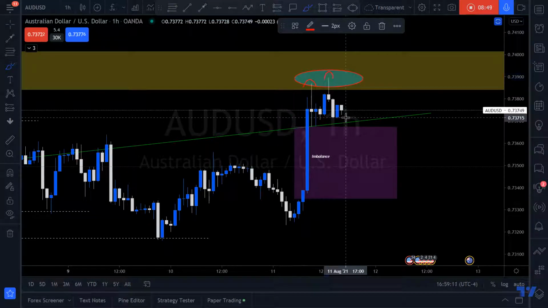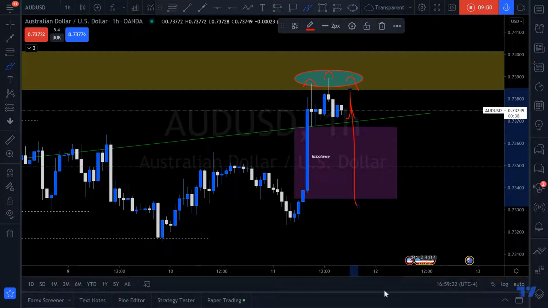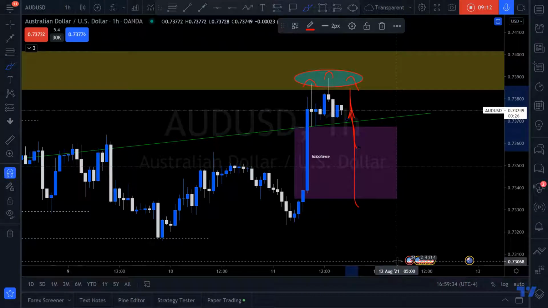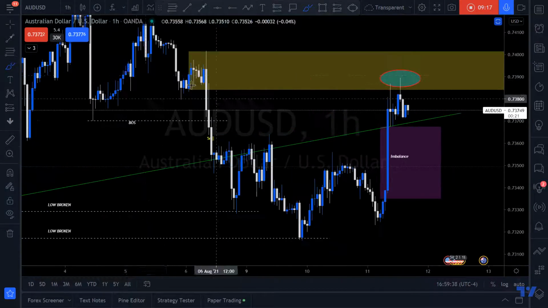I'm expecting price to come up and test this order block and still give another right shoulder, and then drop. Price is going to test this order block, and I believe the test should wick away just under these two. Does that make sense? Those are my reasons. That's what I got.